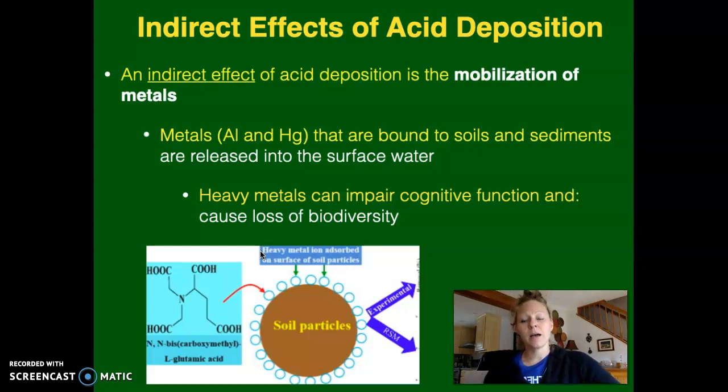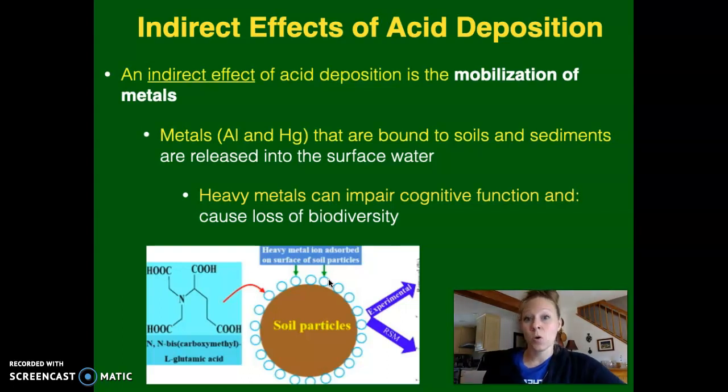An indirect effect of acid deposition is the mobilization of metals, or heavy metals specifically. So remember that on our soil particles, we have ions, and they can be heavy metal ions like aluminum, like mercury, like lead. And so when we introduce acid into soil, it's going to mobilize, it's going to remove these little heavy metal particles, and it's going to put them into the soil where we can take them up and we can consume them.